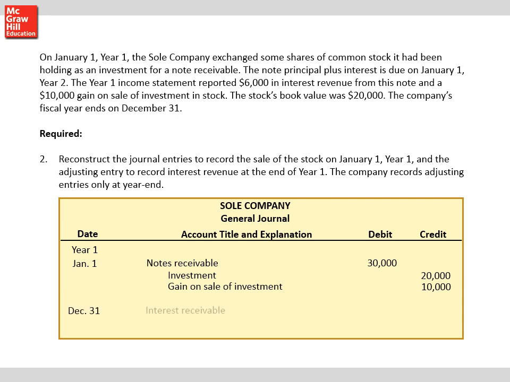On December 31st, the company would have debited interest receivable and credited interest revenue for the $6,000, $30,000 times 20% for the entire year. So that's why there's no time factor. Those would have been the journal entries for the year.